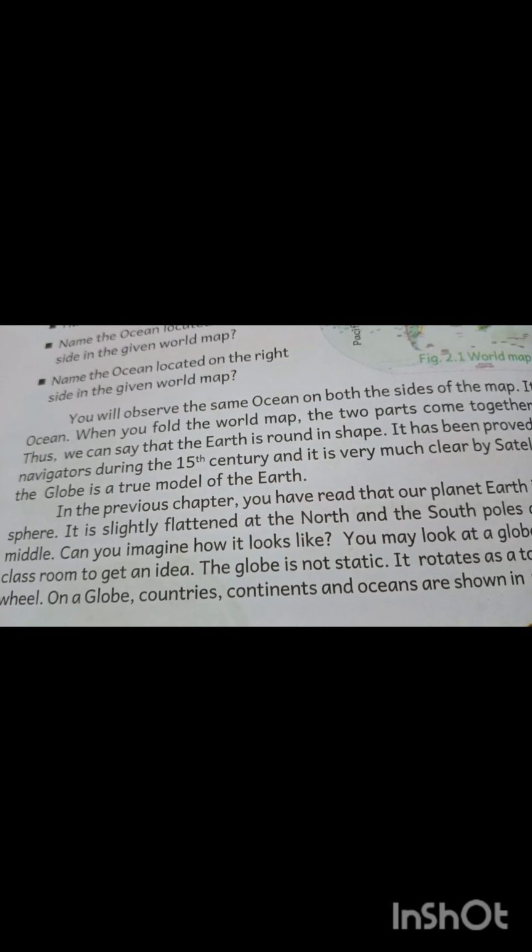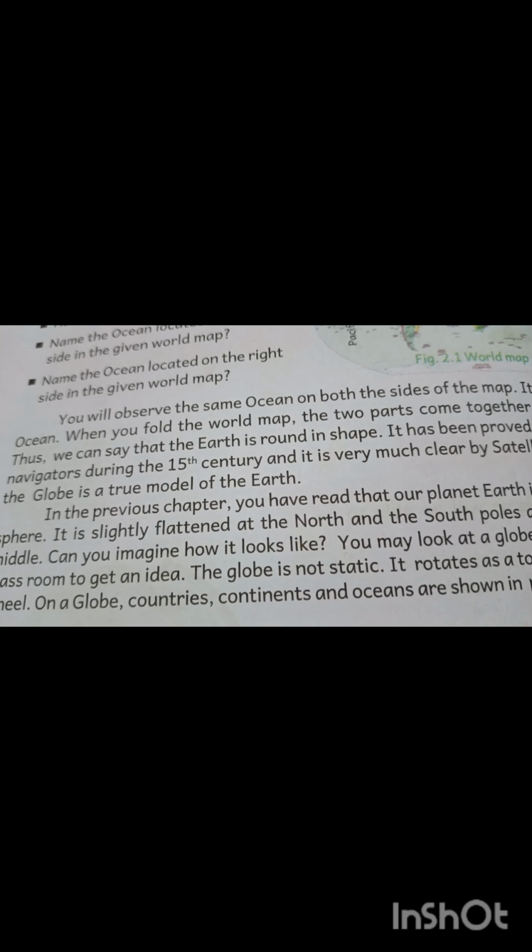You may look at a globe carefully in your classroom to get an idea. The globe is not static, it rotates like a top toy or a potter's wheel. On a globe, countries, continents, and oceans are shown in proportionate size.